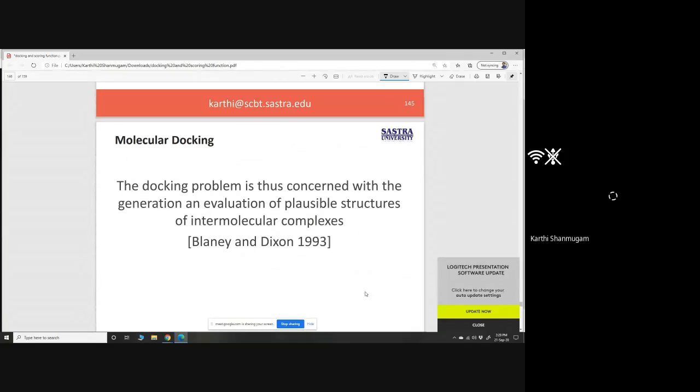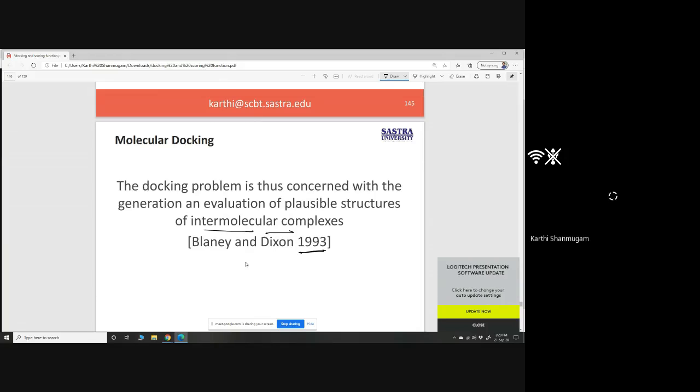This is the first definition given for molecular docking, in 1993. This is not a new story or new technology; molecular docking has its own history. The docking problem is thus concerned with the generation and evaluation of plausible structures of intermolecular complexes.